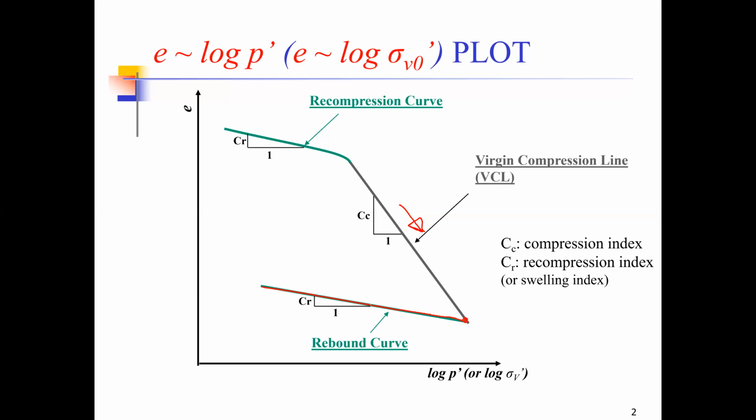So the compression upon application of 100 kilopascals again will be the same as the expansion in the soil sample when we unloaded it. However, when we have reached this point, now the soil will start following the same path of the virgin compression line and it will start moving in this direction.